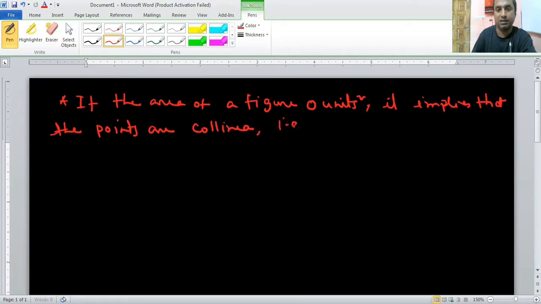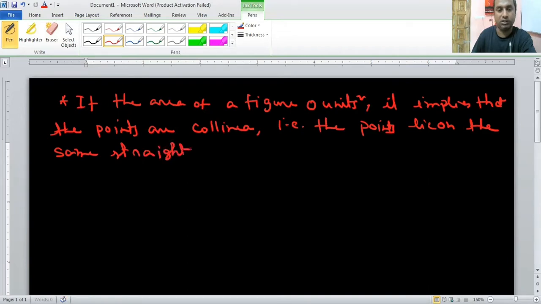That is, the points lie on the same straight line. Same straight line. This is another important feature of using the area using the coordinates. Okay.